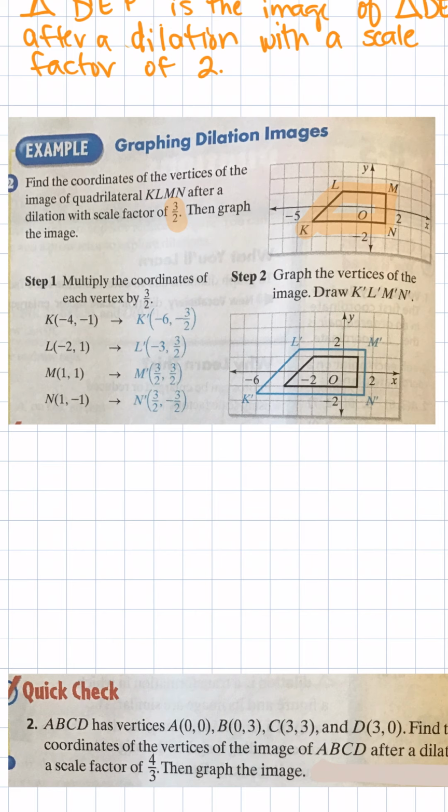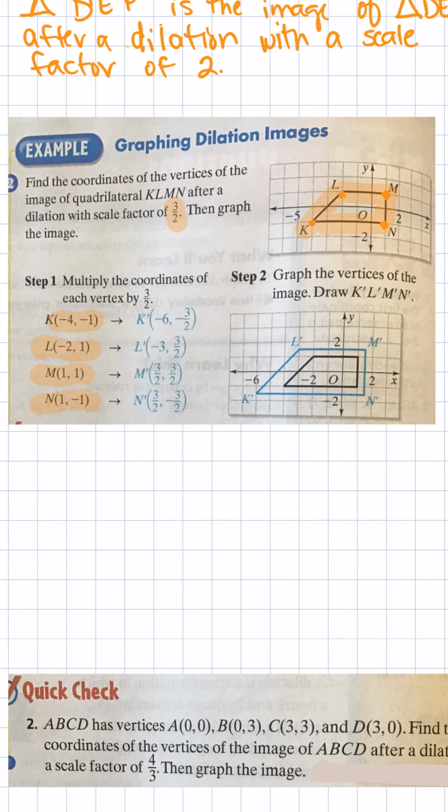What we have to do is find each spot. K is -4, -2. L, -2, 1. M, 1, 1. And N, 1, -1.